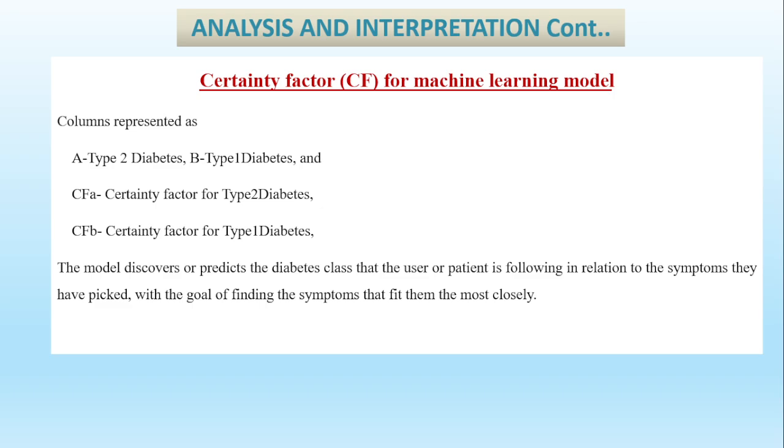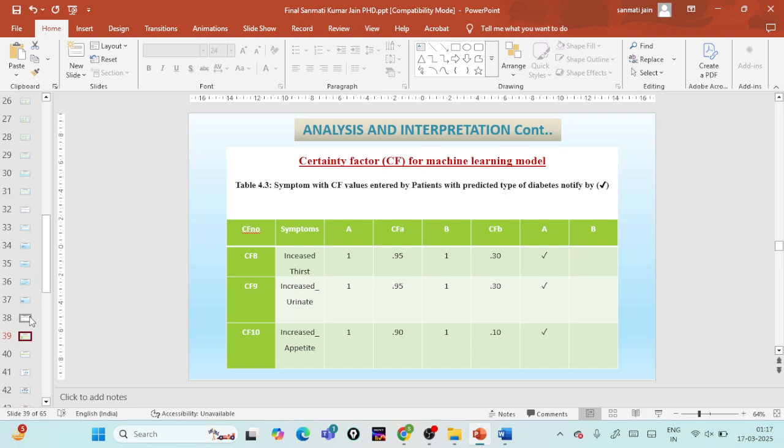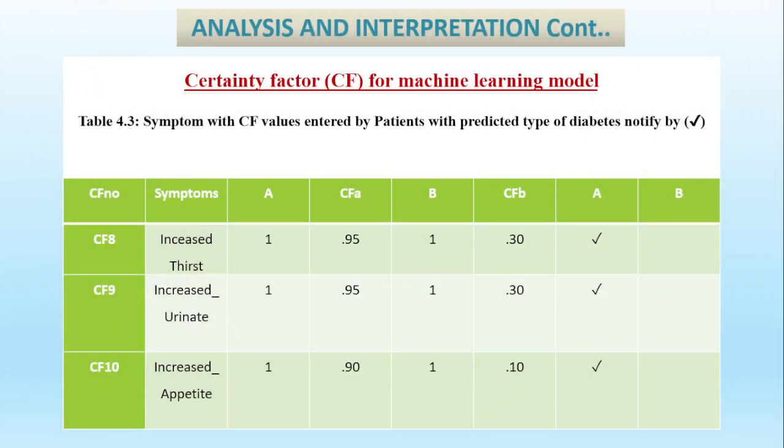I have also explained the column representation. Now this is the table. I have CF numbers CF8, CF9, CF10.